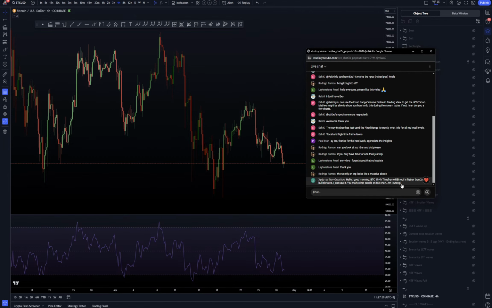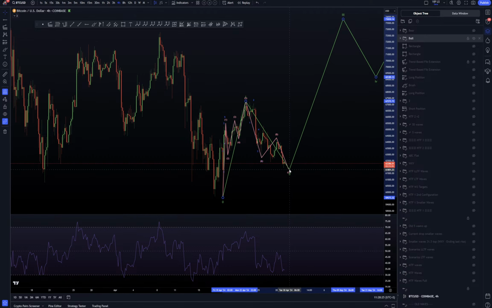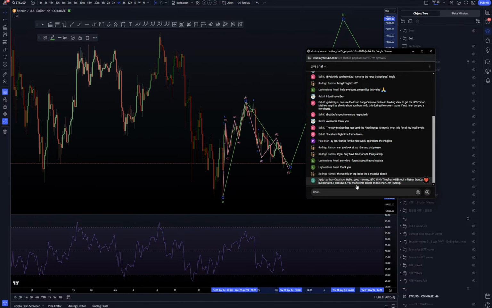I don't get your question, mate. I'm not sure I understand this correctly. What do you mean with this? Like this bottom here is higher than this one on the RSI, maybe? I really don't get the question, mate.